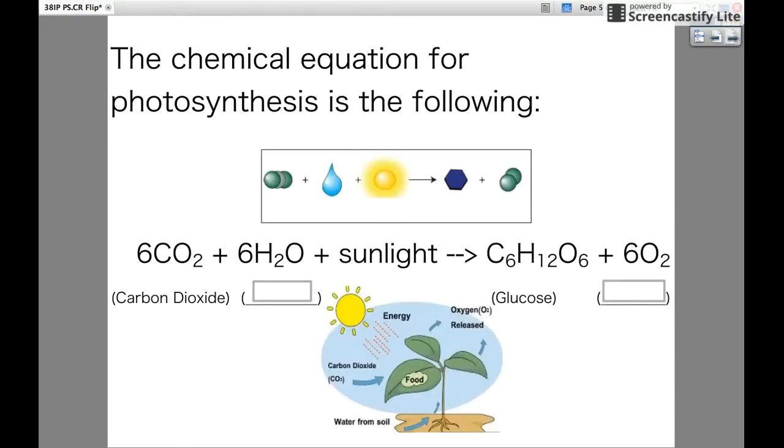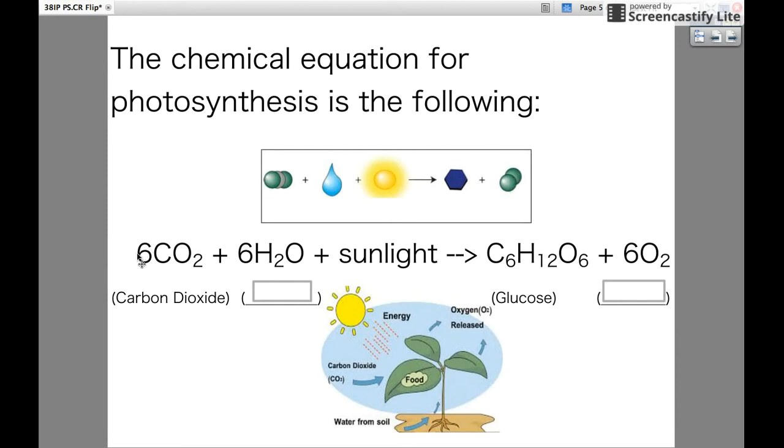Okay, moving on to our last piece of photosynthesis, the chemical equation, or how you write this in chemistry, for photosynthesis is as follows. There's a little simplified picture here. Some molecule plus water plus sun gives you some other molecule and some other molecule.